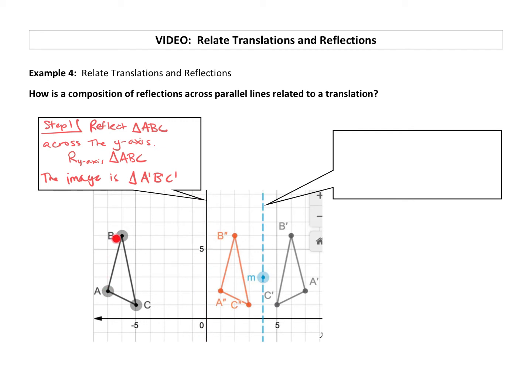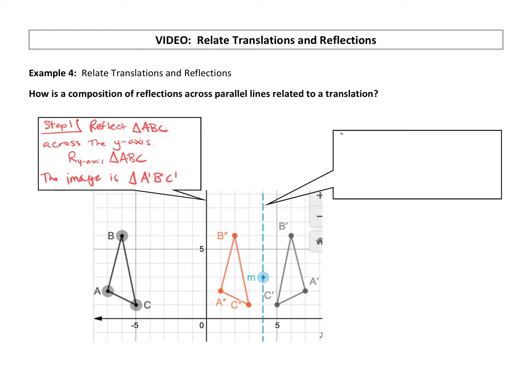If we take triangle ABC and reflect it across the y-axis, so maybe I'll just look at point C since it's the closest to the y-axis. I'm going to count how many units to the y-axis. So 1, 2, 3, 4, 5. Then if I go 5 on the other side, 1, 2, 3, 4, 5, that's where C prime is. So this triangle A prime, B prime, C prime is a reflection across the y-axis. So there's one reflection, step one.